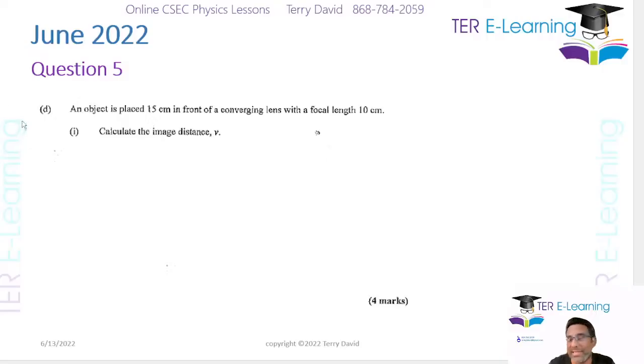I did a question like this the night before as well. An object is placed 15 cm in front of a convergent lens. So this here is U, and the focal length is F, which is 10.